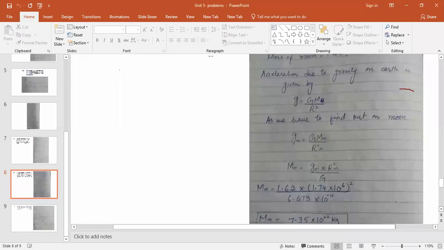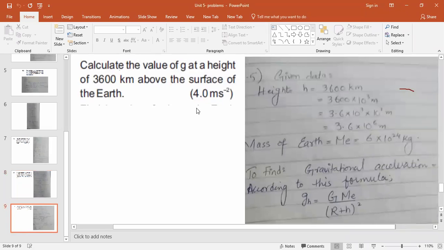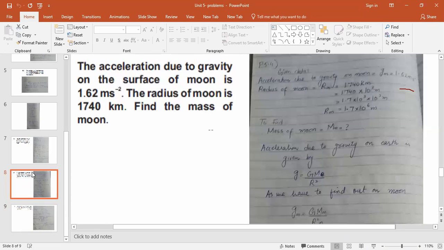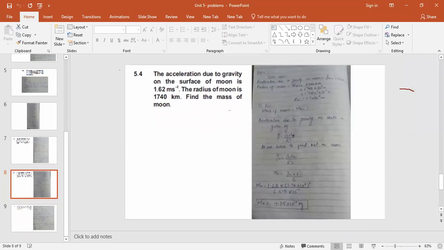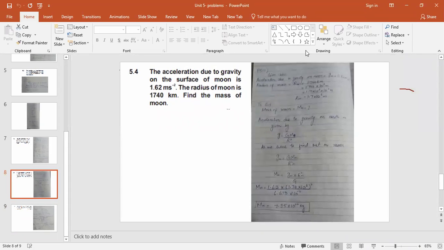By putting these values, we get the answer 7.35 into 10 raised to power 22. So this is the mass of the Moon, which you can find by using the calculator and the data that is given to you.